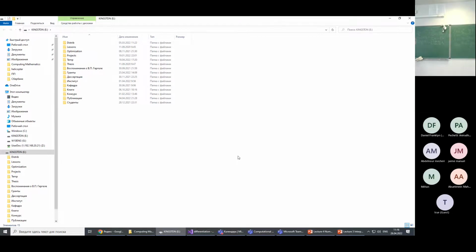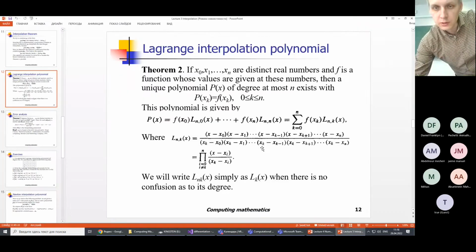The last term in the Lagrange interpolating polynomial.